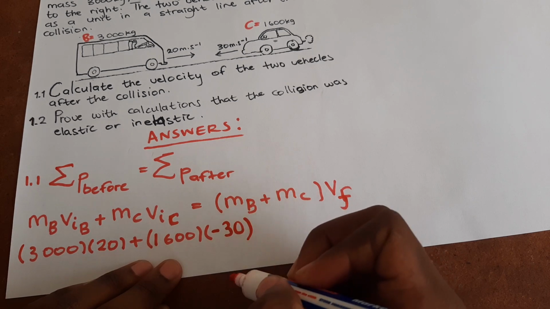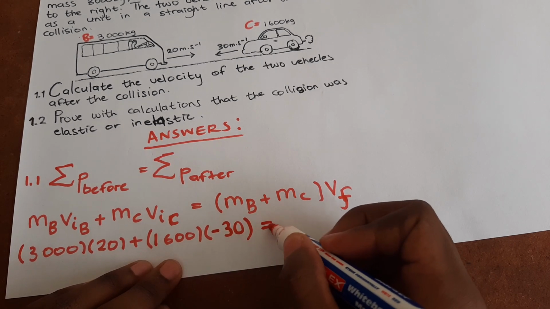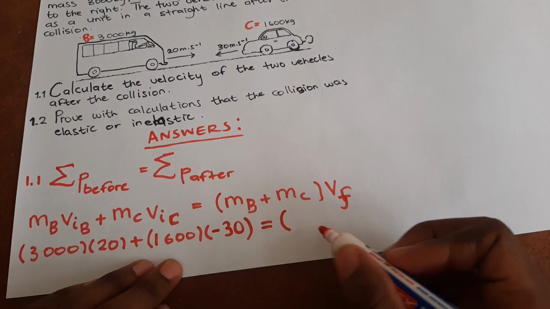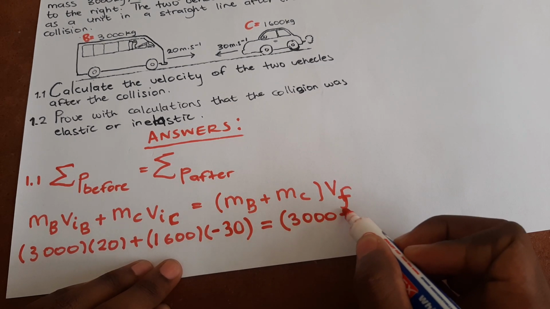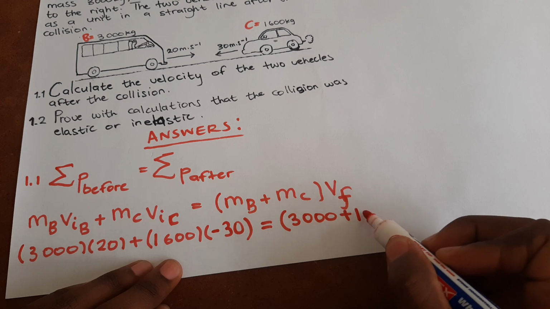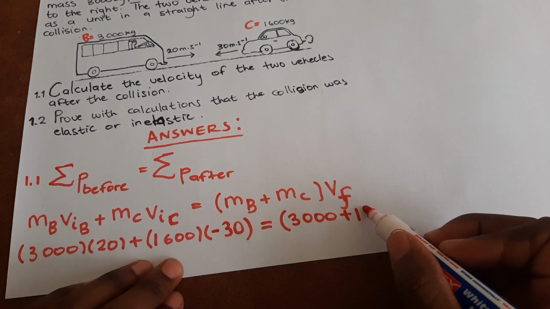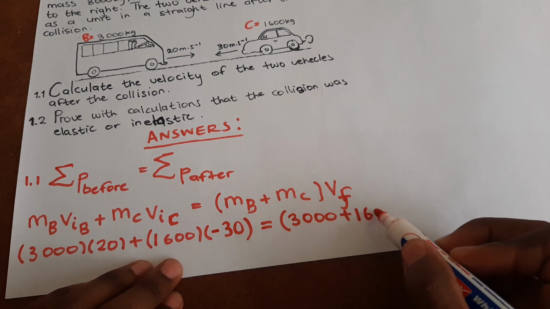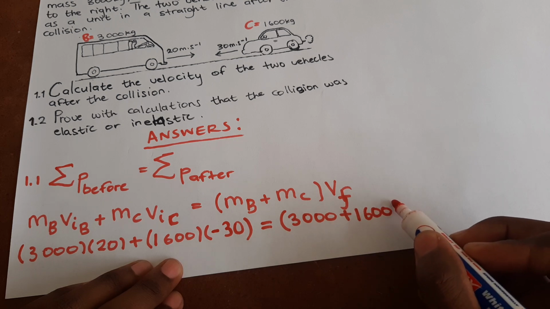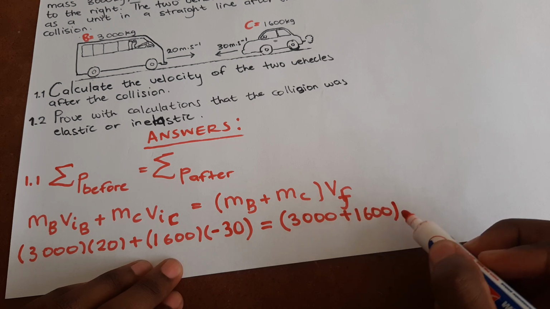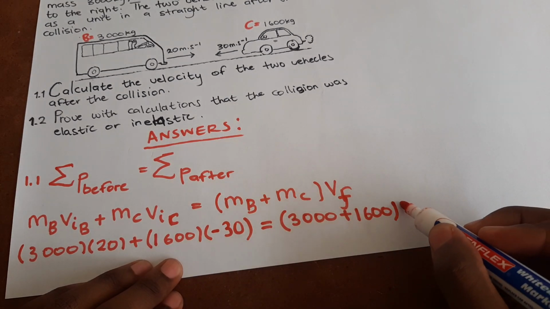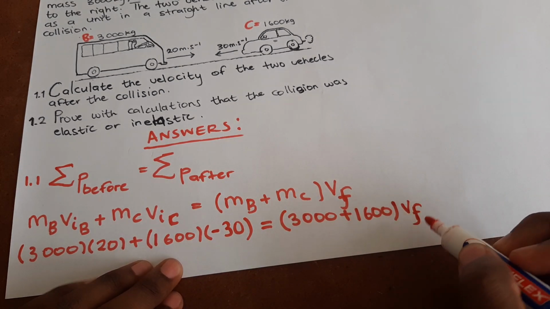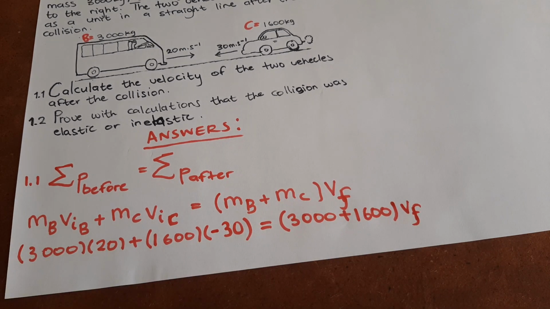This is equal to the mass of the bus, 3,000 kg, plus the mass of the car, 1,600 kg, multiplied by the final velocity. What's the final velocity? This is the variable we have to look for. Let's quickly punch that into our calculators.